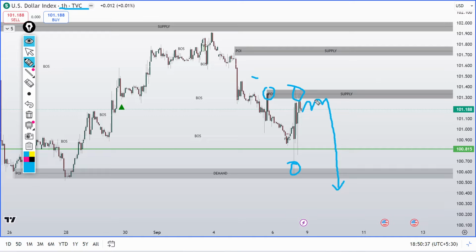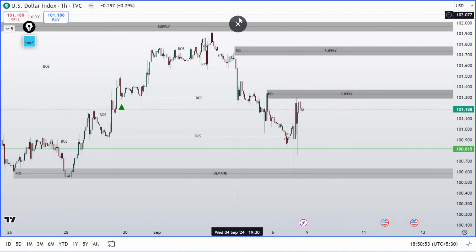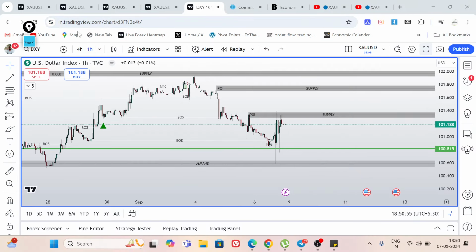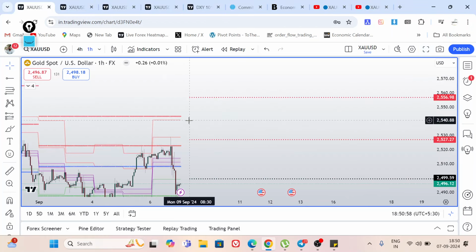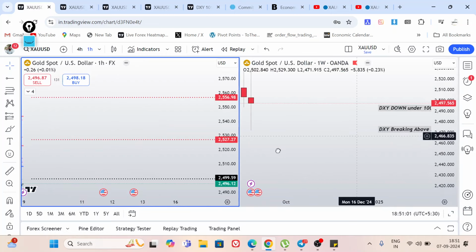And if price breaks out from here, then we can expect a correction, or you can say a good bullish rally, because overall the dollar chart is under selling pressure. So what are the conditions that we can consider for combining this price action with the dollar? Let me show you.